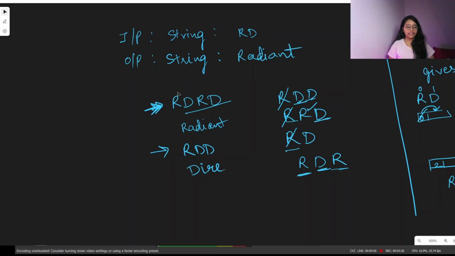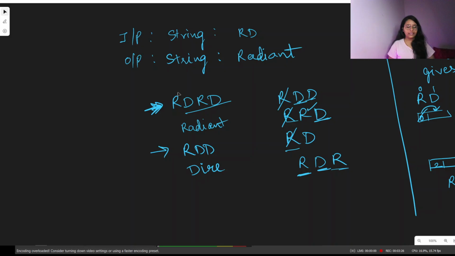So Radiant can easily eliminate the voting rights of Dire. And then we have further chances for Radiant and for Dire, and in that context also, Radiant can again eliminate the chances of Dire. So that's why Radiant is our answer.